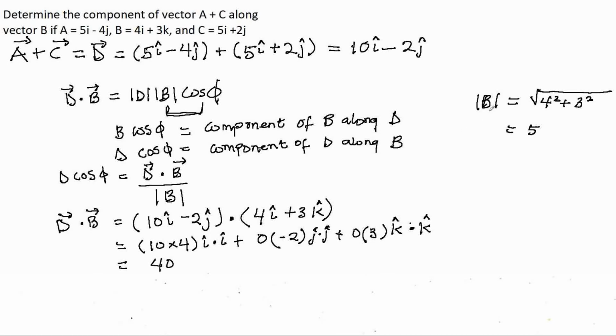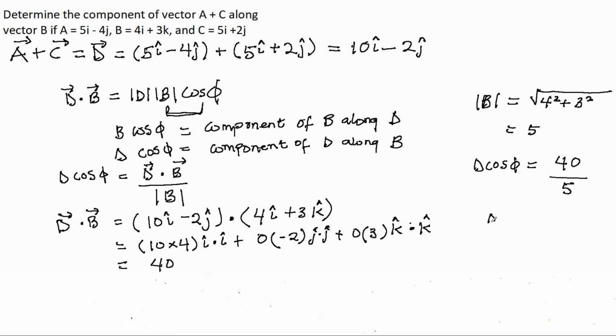Having determined this and that, we can now compute D cosine of phi. Remember it is D dot B divided by the magnitude of B. So this is 40 divided by 5.